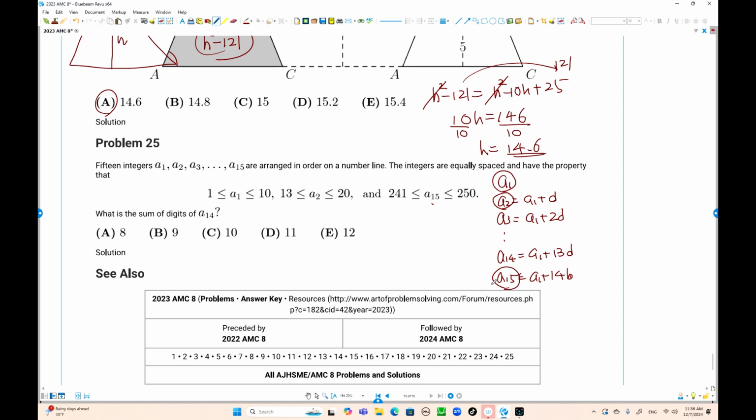To find a14, we need to find the first term and the common difference d, right? The common difference is d, constant. So the idea is we're going to find the first term and the common difference. We're going to find these two numbers, because to find a14, we need a1 plus 13 times d, right?